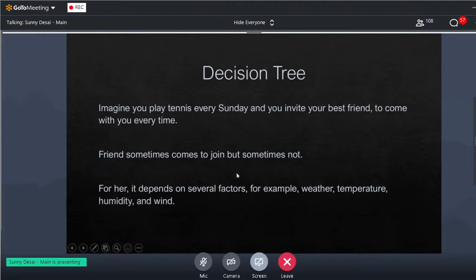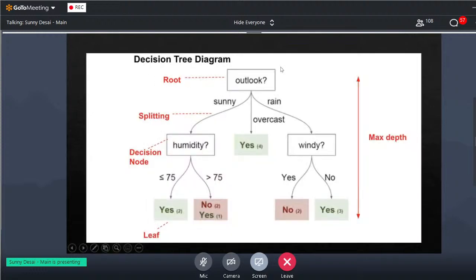To start with, the first step in a decision tree is known as a root node. Now, all of you have understood why a tree is called a tree. A tree is called a tree because it has a root, it has a trunk, and then it has various branches. What you can right now see on your screen is an inverted tree. When you look outside your window, you see that the roots are below, then we have a trunk, and from the trunk, we have several different branches.